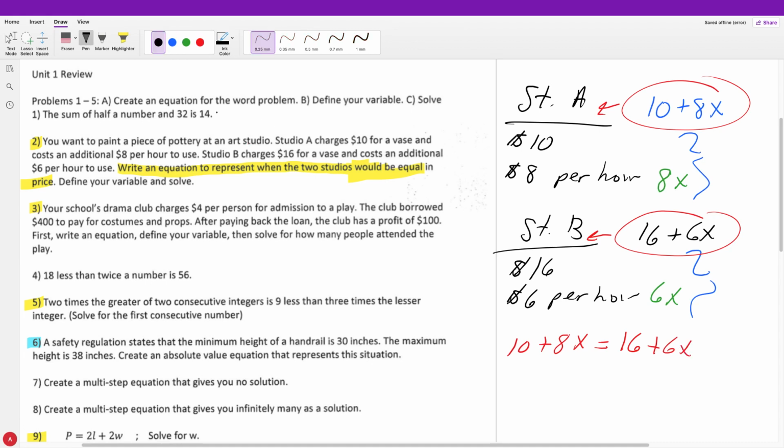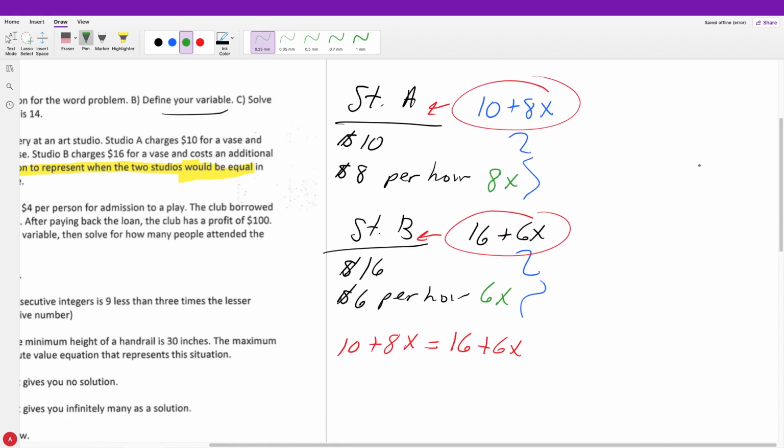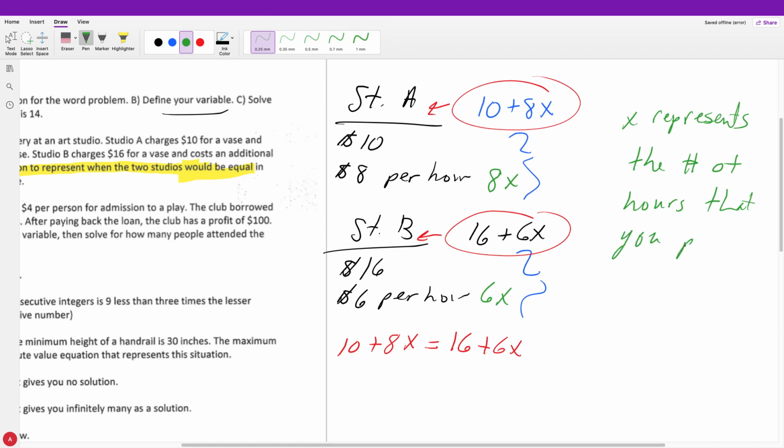Well, first, it says for B, we need to define our variable. So what did x represent? So I'm just going to move this over. We would say x represents the number of hours that you paint the pottery, the number of hours that you use the studio, but as long as you're talking about how many hours you are using the studio, all right?